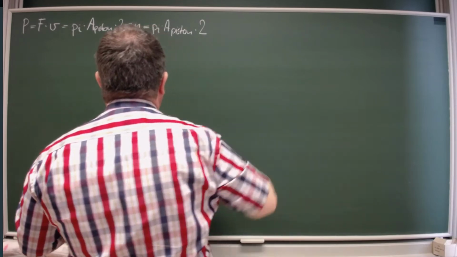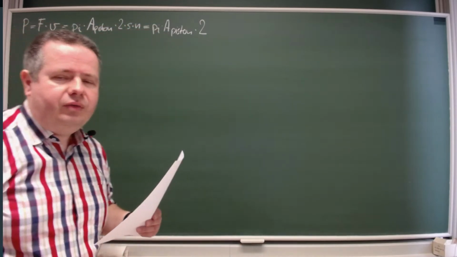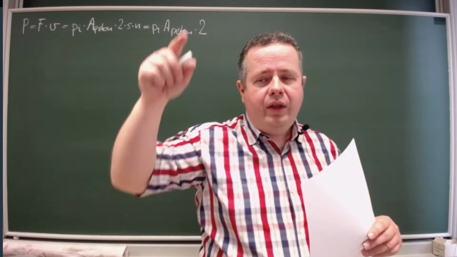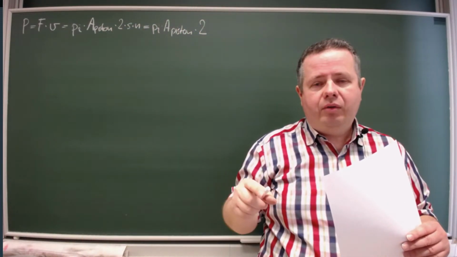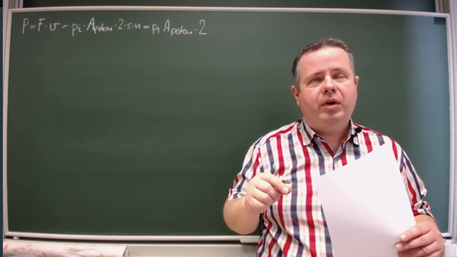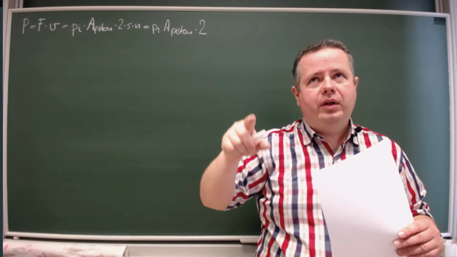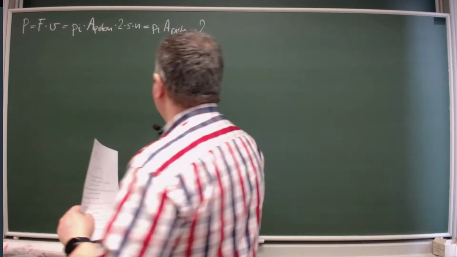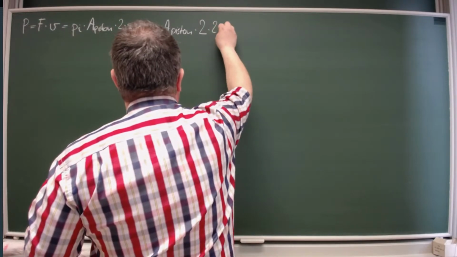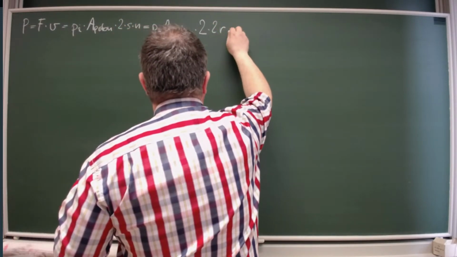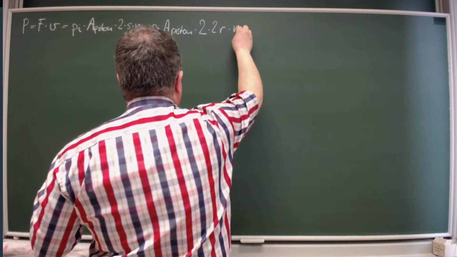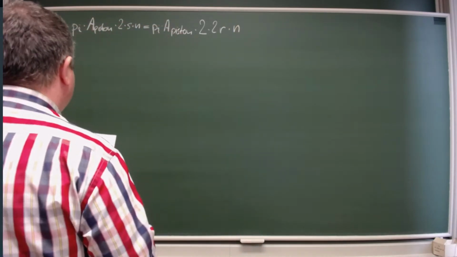Why is this 2 there? That's because if we are talking about a classical four-stroke engine, then we need one up and down. I'm thinking about one up, one down. This is 2 strokes, yes. Times 2 r, r being the radius of the crank, and n being the number of rotations, actually.